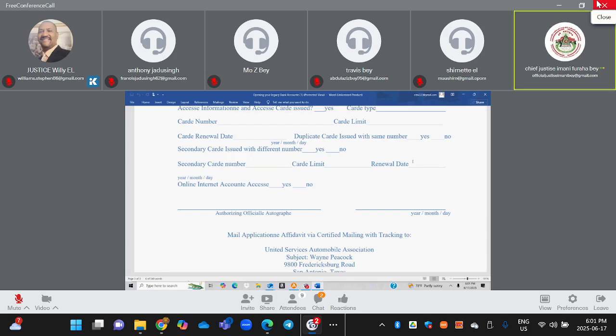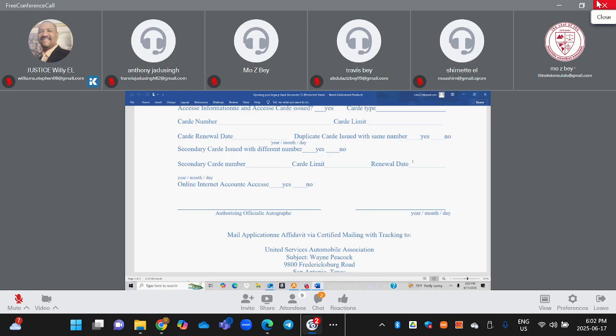Okay, so here's what I'm trying to get, the sequence of things. It still seems to be kind of backwards though. But okay, so then we're going to fill out this form, this application, this affidavit. So we fill out the affidavit, we send all the information in that needs to go.